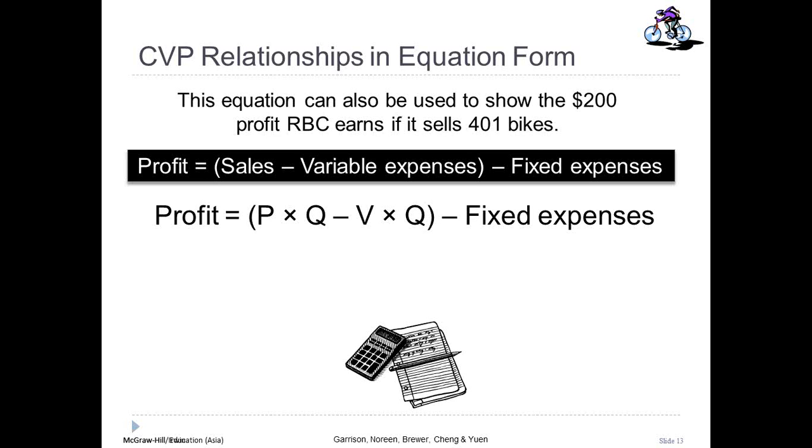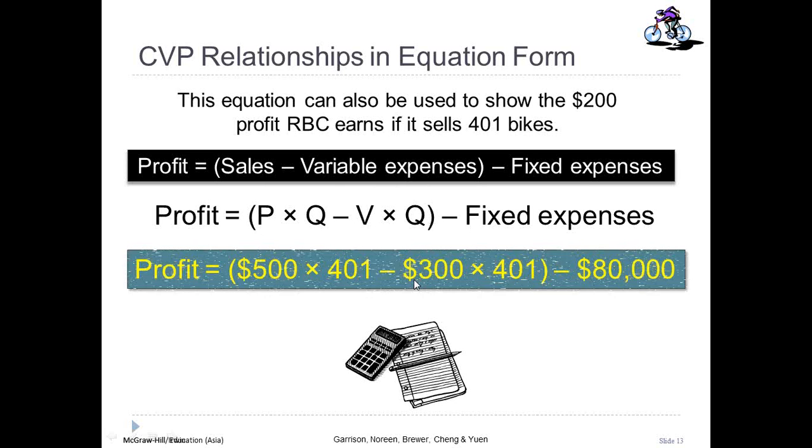Now, there's another way to look at it in the equation form. Sales minus variable expenses minus fixed expenses, same equation. So selling price times quantity, variable expense per unit times quantity, minus fixed expenses. Now we're selling 401 bikes. The break-even point is 400. So if it was 400, our profit is 0.